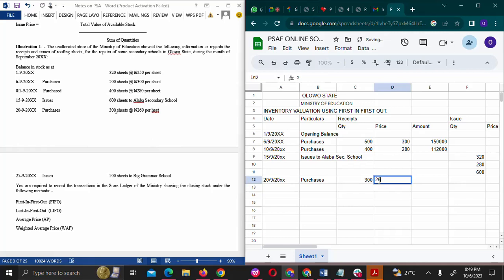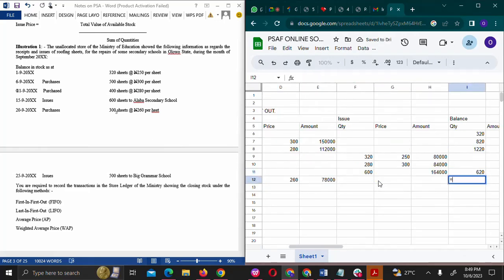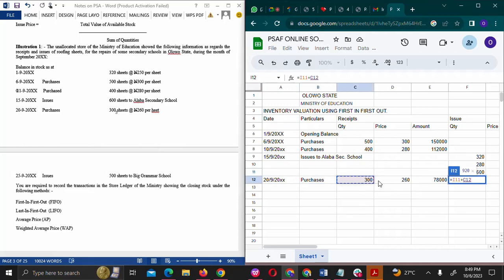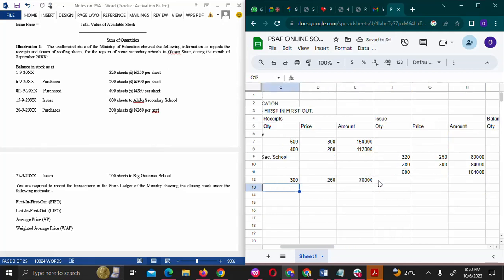At 260 per unit. And I have this times this, right? So it means for the balance, I now have 620 units plus 300 units. Do you understand? And for the amount, I have this plus the 78,000 I just newly got, right?